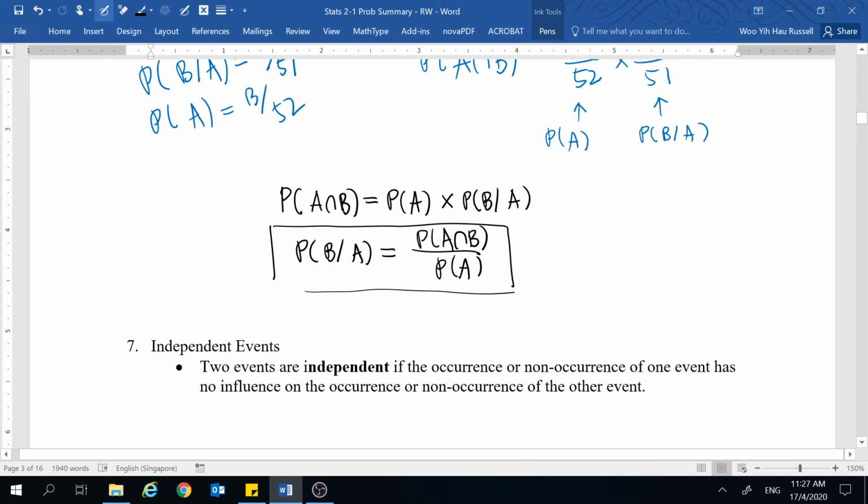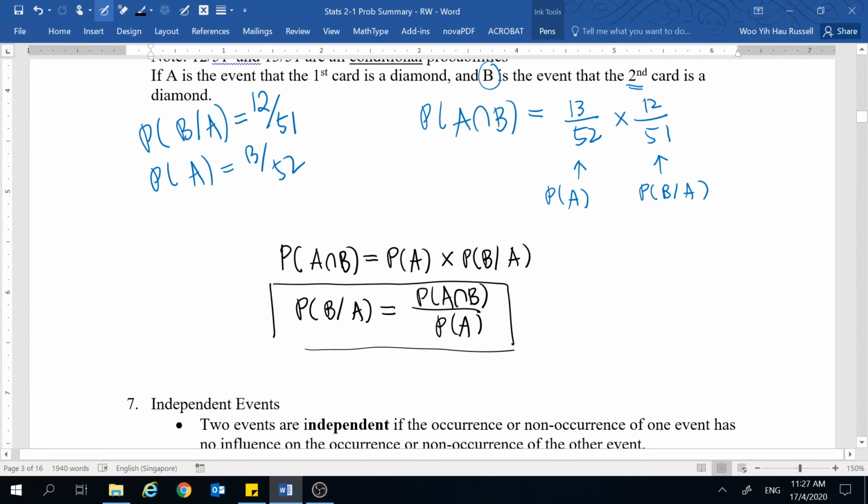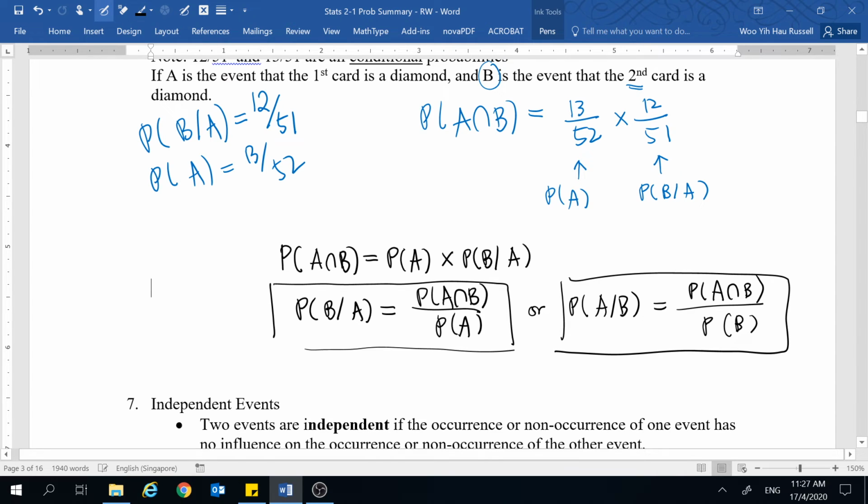Of course, the other form that you usually see is probability A given B. You just swap the two letters, and B intersect A and A intersect B are the same. So whichever form you choose, they are the same.